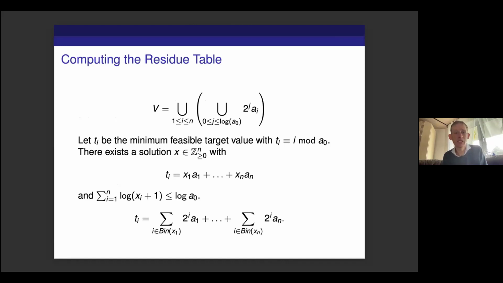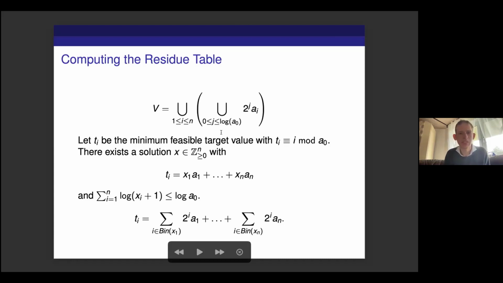Okay, so the idea is we start with a residue table that does not only contain the item sizes, a_i, but we fill them by all binary exponents of the item sizes. And then we apply min plus convolution to this increased residue table.